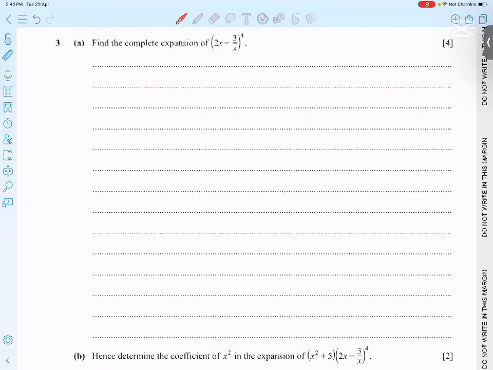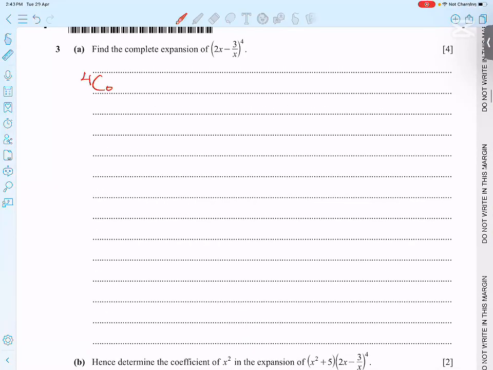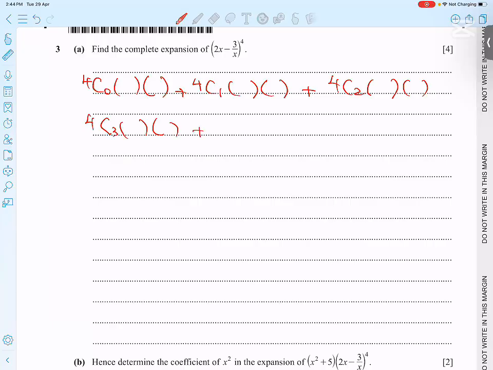So 4C0, then we go for 4C1, then 4C2, 4C3, and lastly, 4C4.